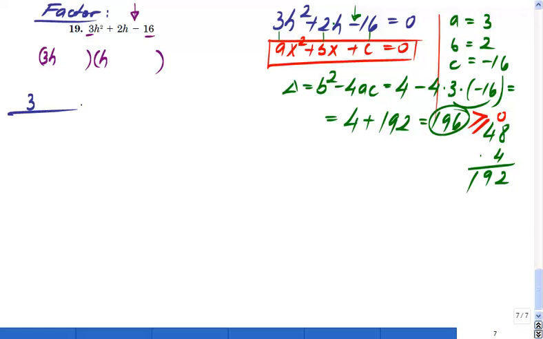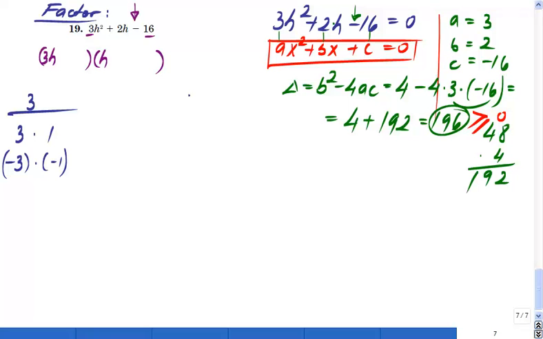Next step, you're looking for factors of 3. Factors of 3, we have 3 and 1, right? We also have negative 3 and negative 1, and obviously taking them backwards will give the same thing.